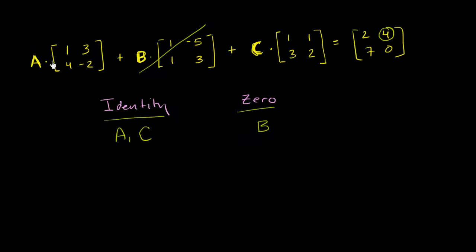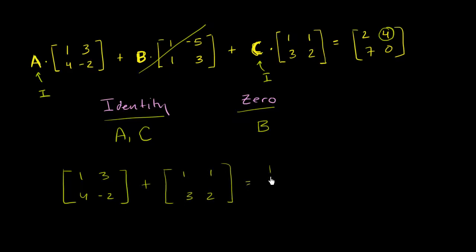So let's see if that actually makes sense. If this right over here is an identity matrix and that over there is an identity matrix, this whole thing simplifies to the matrix 1, 3, 4, negative 2 plus the matrix 1, 1, 3, 2.